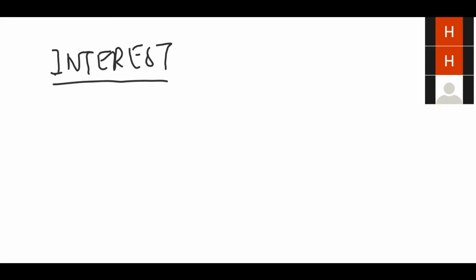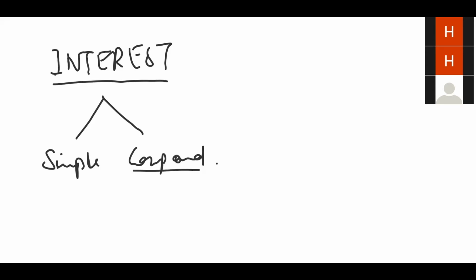All right. So, there are two types of interest. We have simple interest and we have compound interest. Simple interest is simply the amount that the bank adds to your money every year, or half yearly, or whatever the bank's policies have. All right. This is the simple interest.